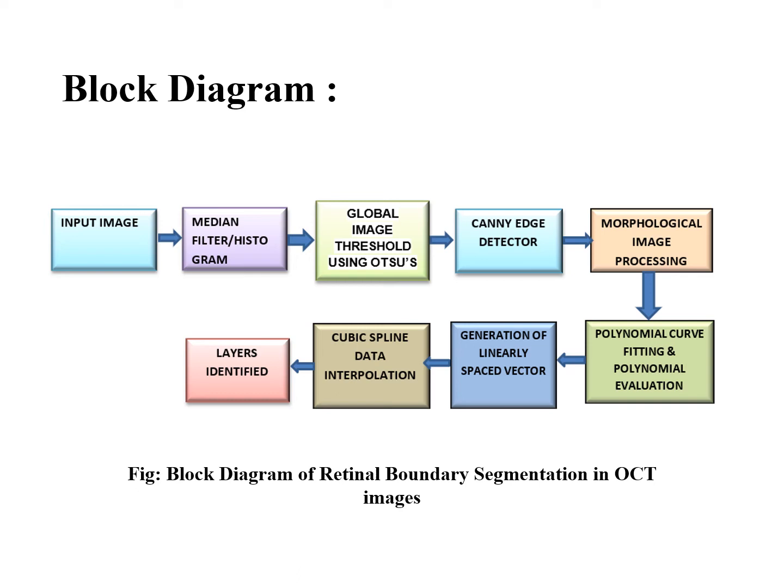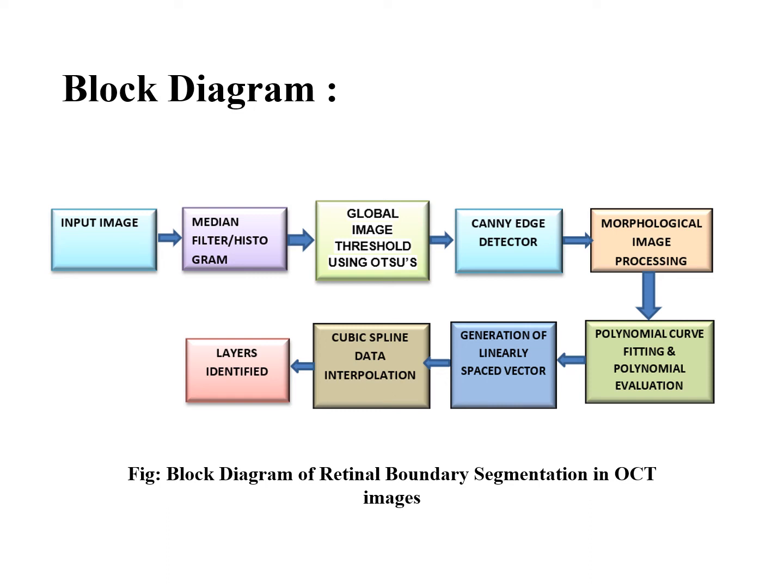Later, the output obtained from the morphological operation is subjected to polynomial curve fitting such that the coefficients of the polynomial are identified for the boundaries. The generation of linearly spaced vectors is carried out for those polynomials, as these vectors provide direct control over the number of boundaries involved and always include the final endpoint.